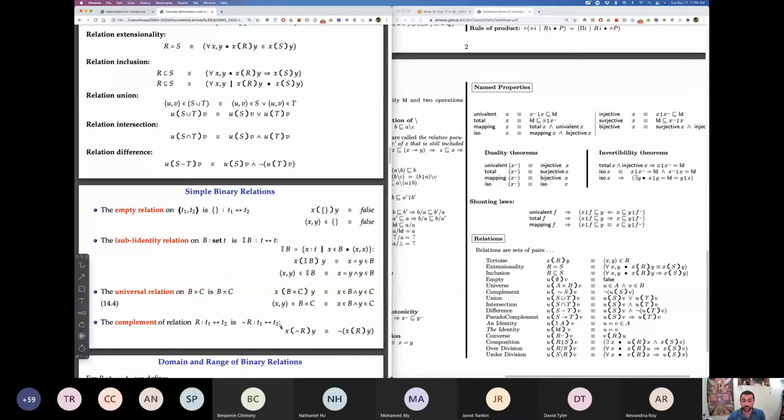And the complement says, okay, wherever there was a line, I'm going to erase it, and whenever there wasn't a line, I'm going to draw it. Right. So it's like the contrast or inverse of a graph.